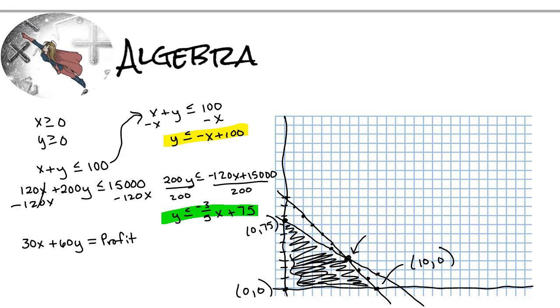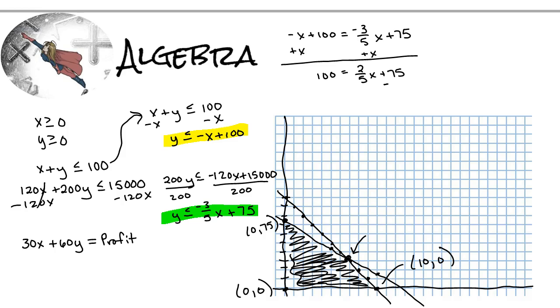And then the tricky one is we have to figure out that point right there, where the two lines are crossing. What you could do is set the two lines equal and just solve by hand. So the yellow line, which was negative x plus 100, equal to the green line, which was negative 3/5 x plus 75. And then we could just solve that for x. I think what I will do is add this x. There's a lot of fractions, but don't let those scare you. So this will be 2/5 x plus 75 equals 100. How about if we subtract 75 over?